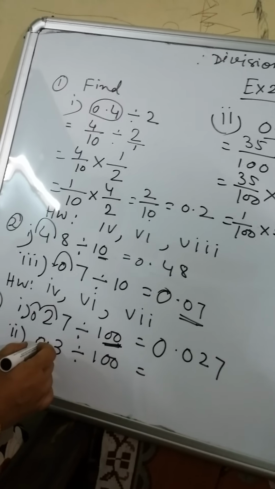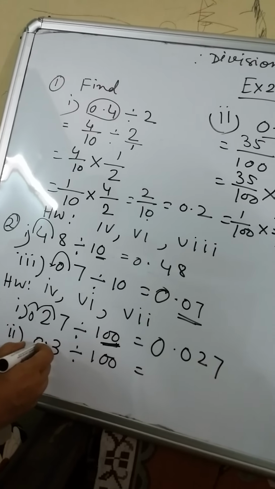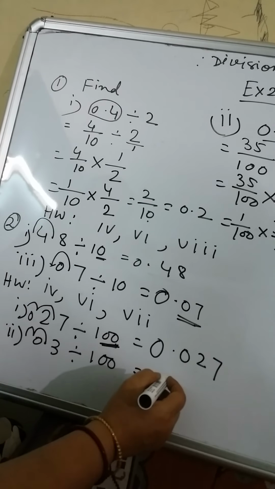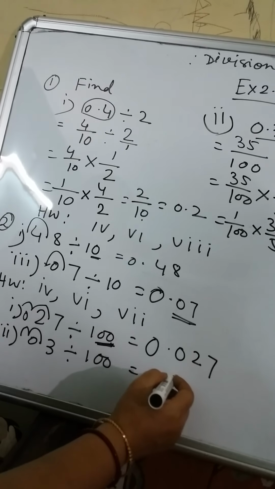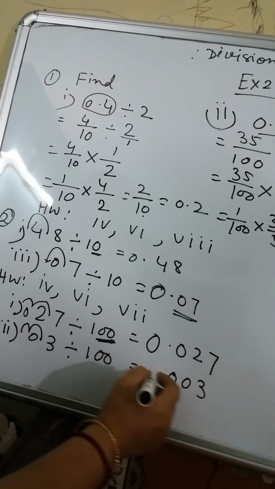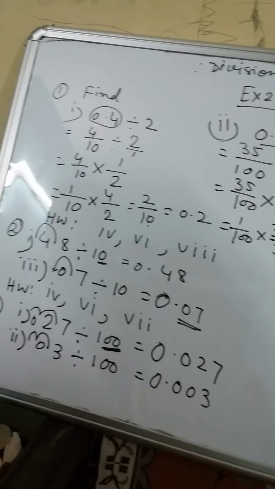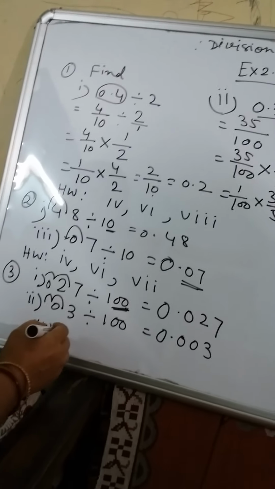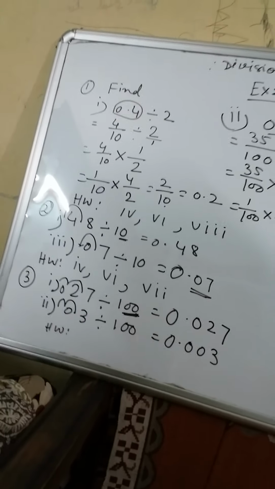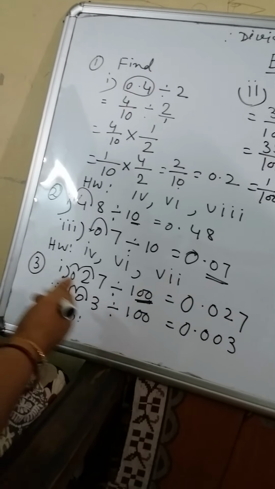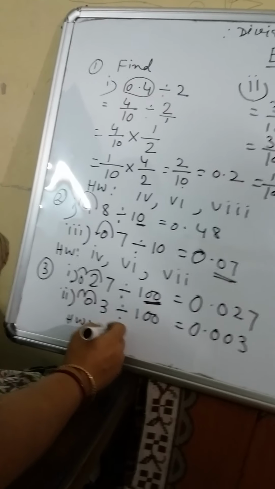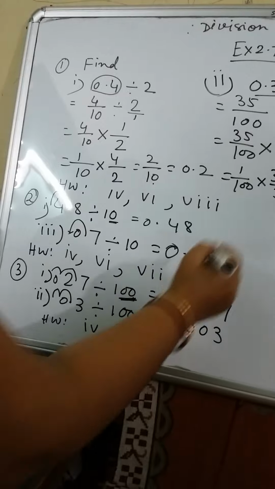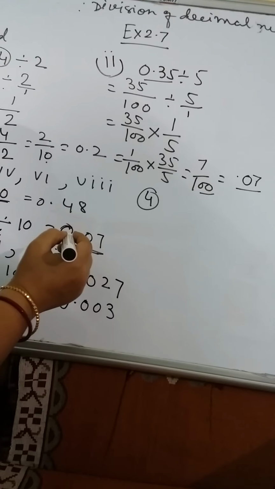So your decimal will shift 2 places left. So 1, 2. So your answer will be 0.003. Your homework will be 4 and 6.